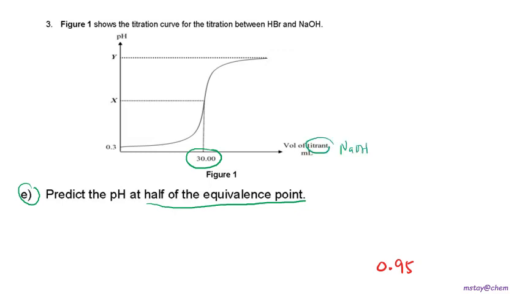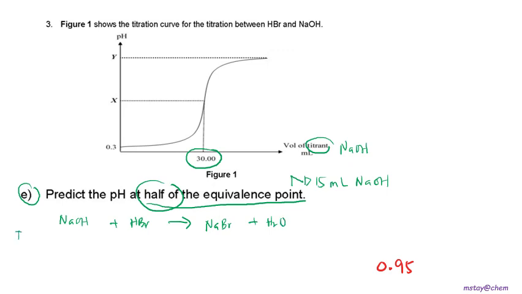So if it is half of the equivalent point, only 15 ml of NaOH is dropped into the conical flask. So now in the conical flask, there are NaOH and also HBr. Part of the HBr will react with the NaOH to produce NaBr and also form H2O.